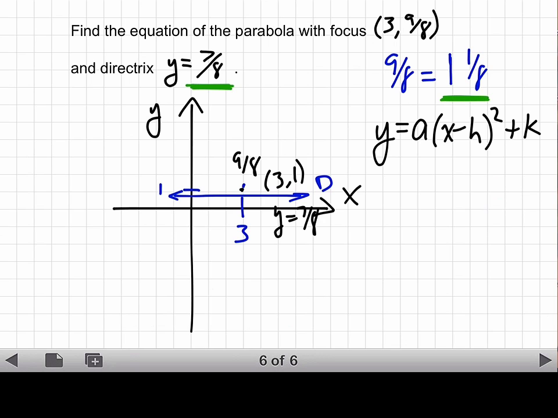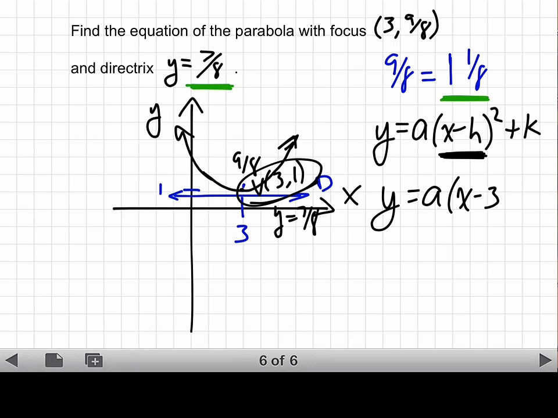And because the directrix is horizontally oriented, meaning that the parabola is going to open up or down, in this case up, I know that x is the thing in the squared quantity. Now that we have our vertex, I know that it's y equals a times x minus 3 the quantity squared plus 1.